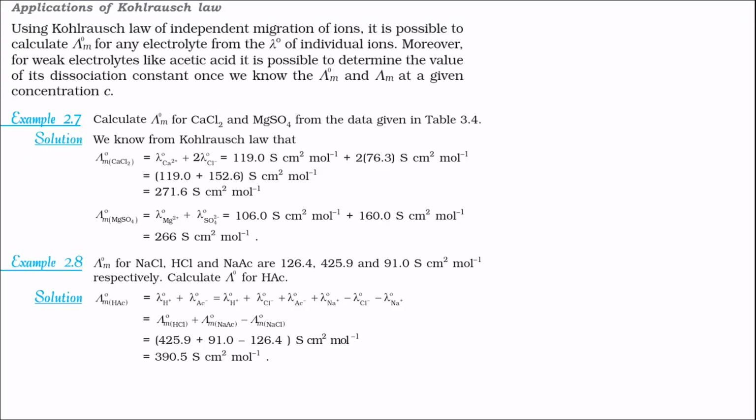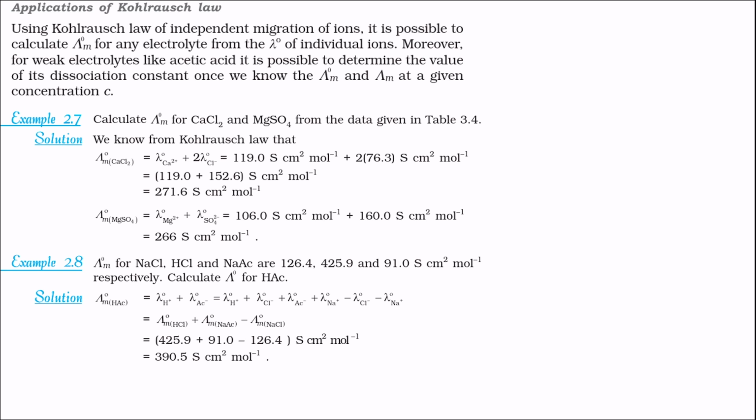Applications of Kohlrausch law. There are two applications of Kohlrausch law. If the conductivity of ions is known, then conductivity of weak electrolyte at infinite dilution can be determined, or the limiting molar conductivity of a weak electrolyte can be obtained by making use of limiting molar conductivity of the individual ions.